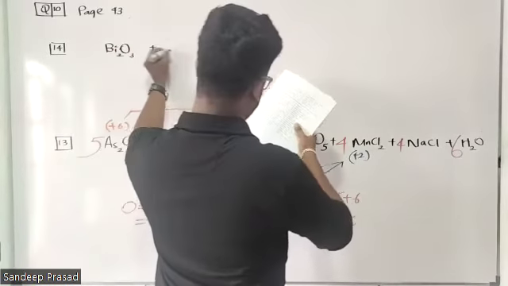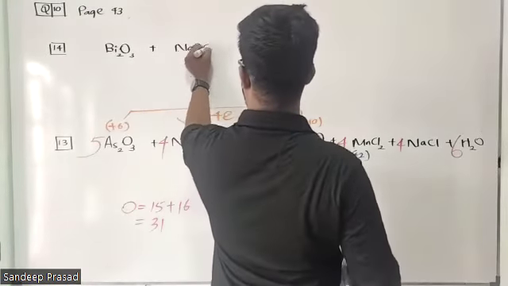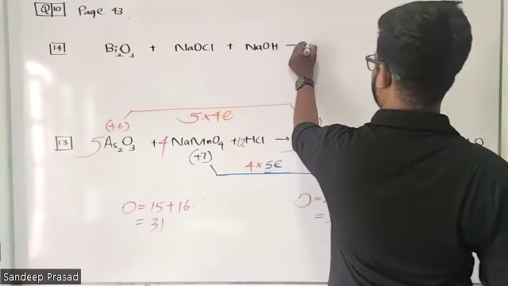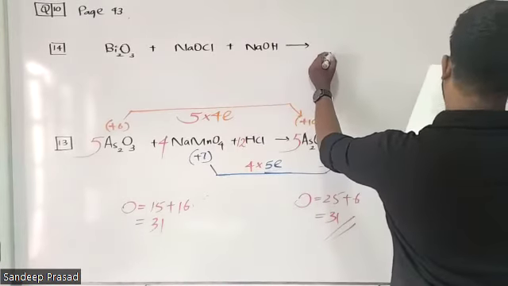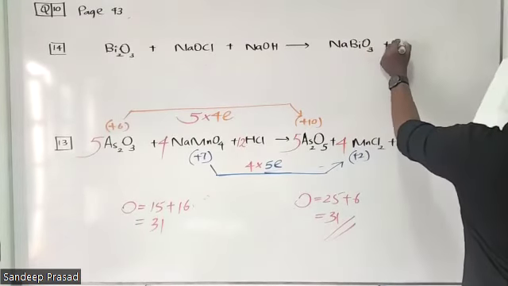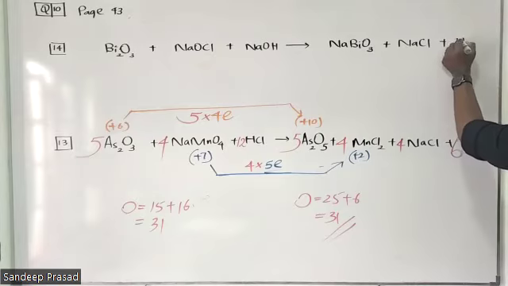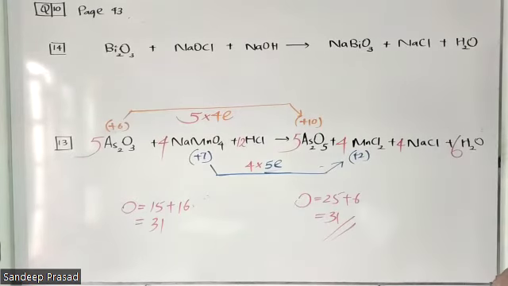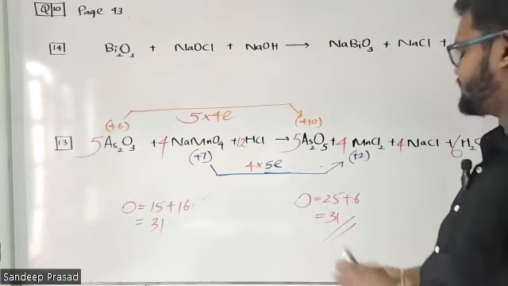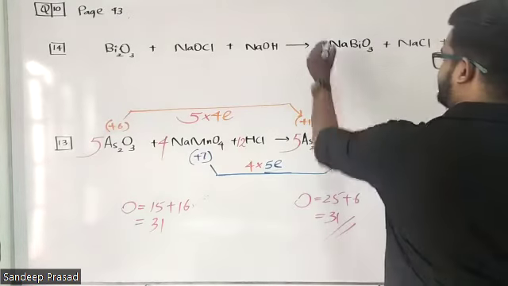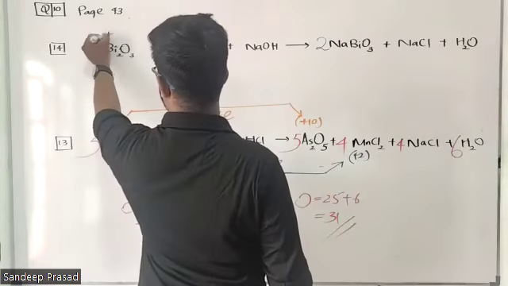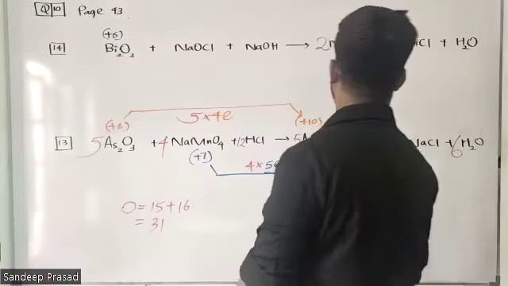Bi2O3, sodium hypochlorite, sodium hydroxide, giving NaBiO3, NaCl plus water. So here you can see that 2 bismuth atoms are there. Oxidation number here it is +3 for both atoms.